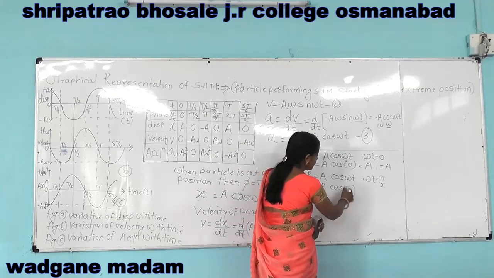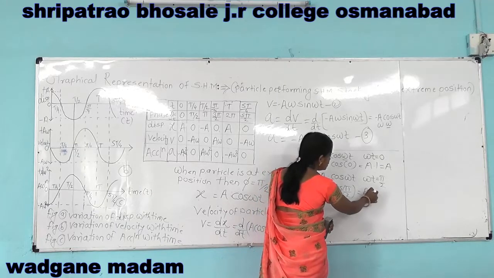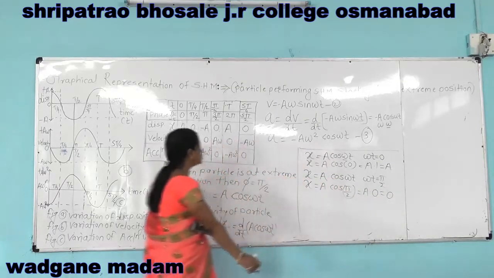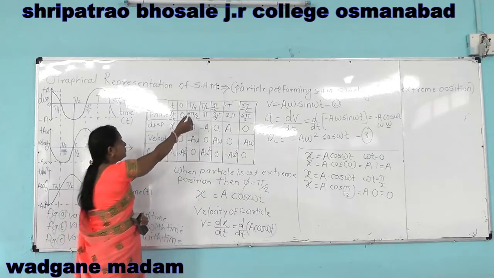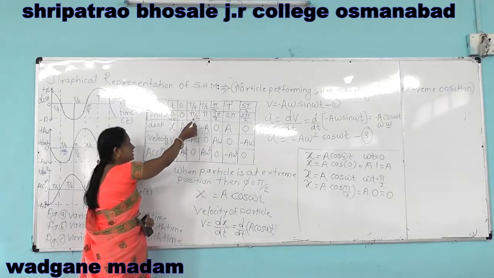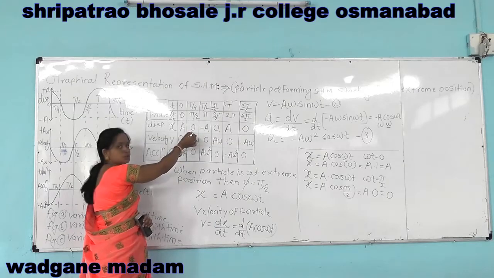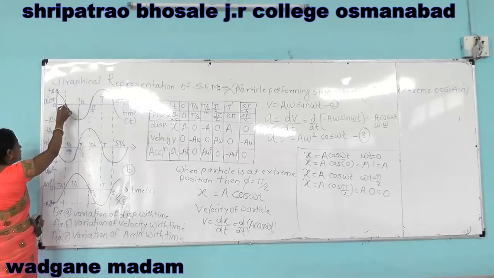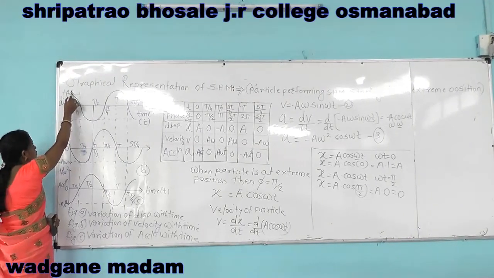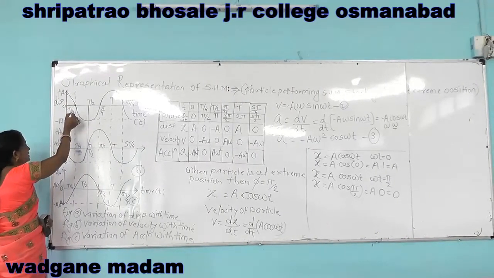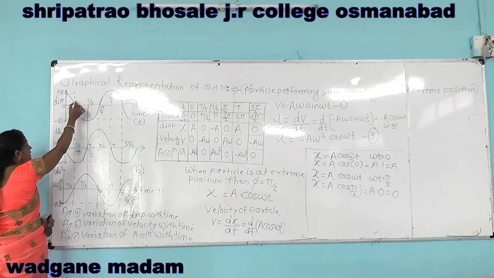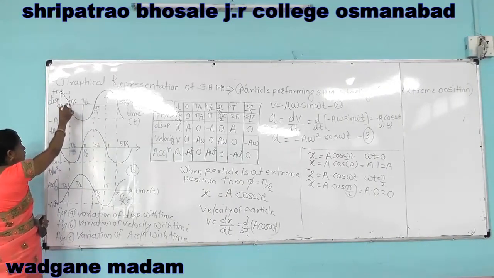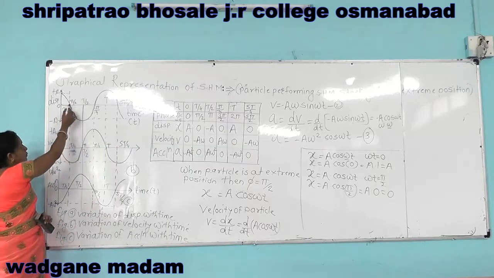Cos 90 is equal to 0, therefore a into 0 gives 0. Therefore the displacement at time T by 4, at phase pi by 2, becomes 0, so the particle returns to the 0 position.